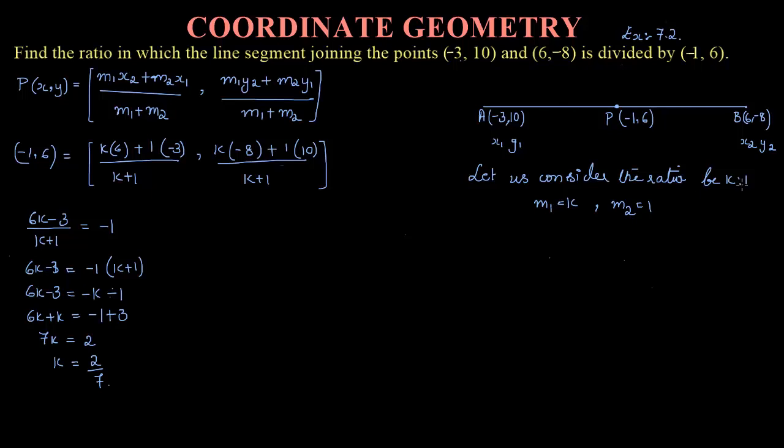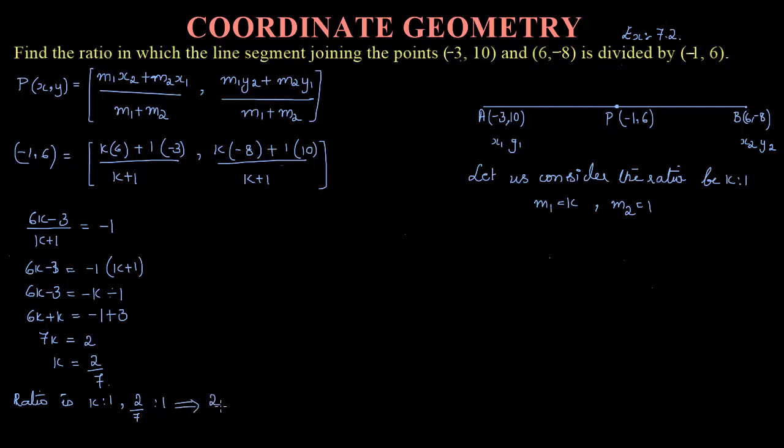Now you have considered the ratio k is to 1. So your m1 is k and m2 is this part, right? So if the k value is 2 by 7, then the ratio is k is to 1, right? So k you have got as 2 by 7 is to this one. Whenever you get it like that, you need to cross multiply.